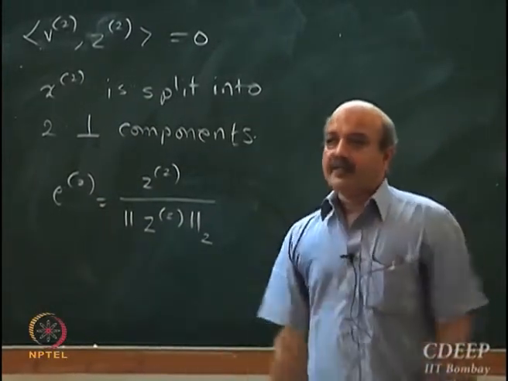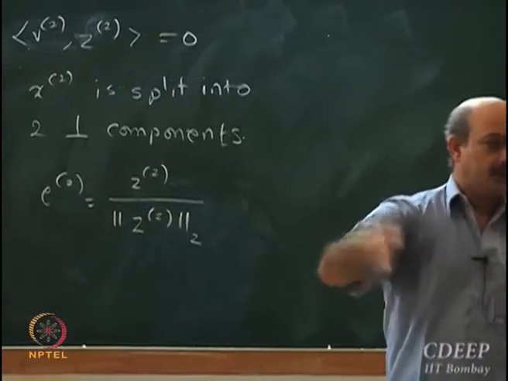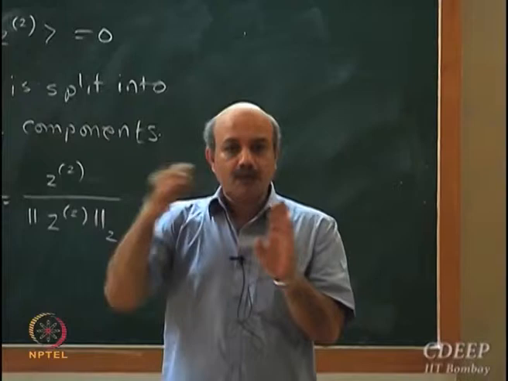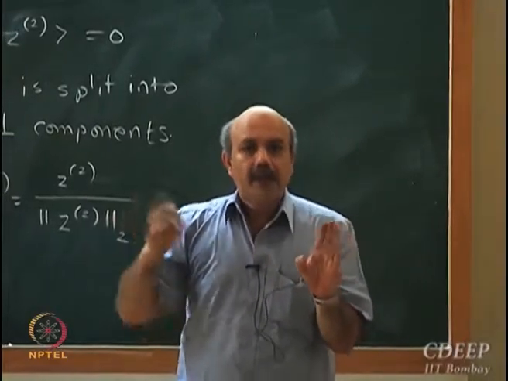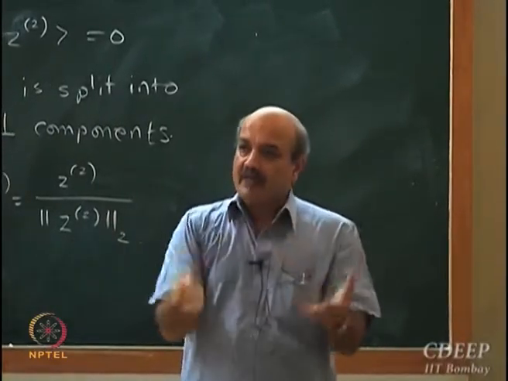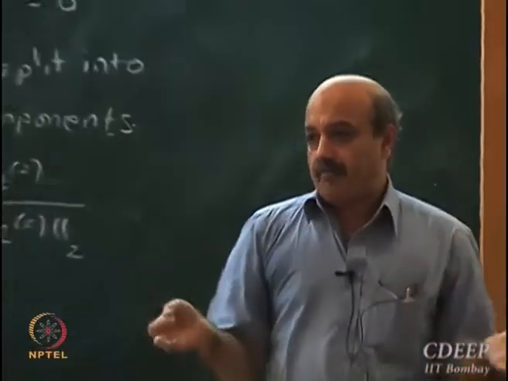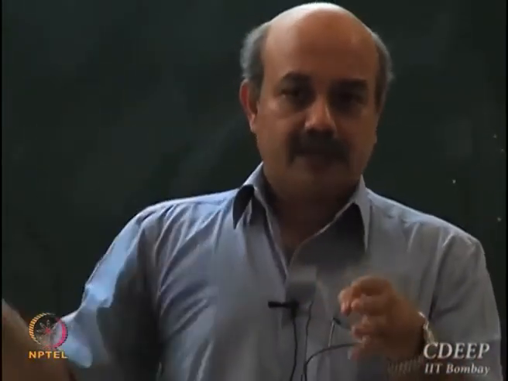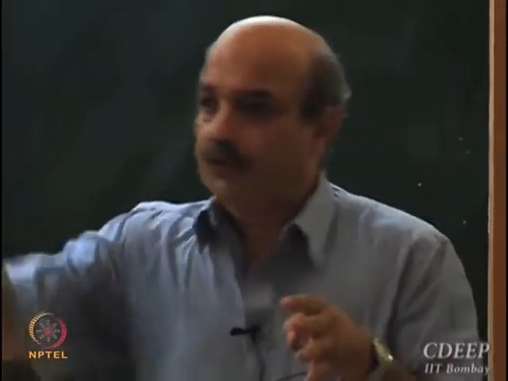I just do this by induction. So I take x3, I remove the component along E1 and E2, whatever remains I make it unit magnitude. I go to x4, I remove E1, E2, E3, just go on doing this.